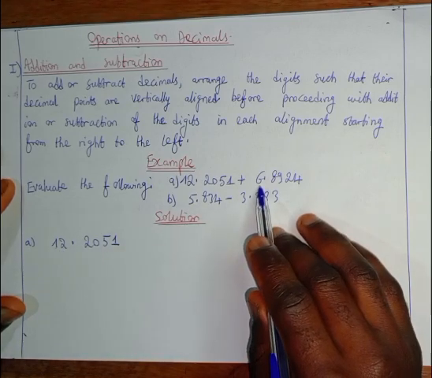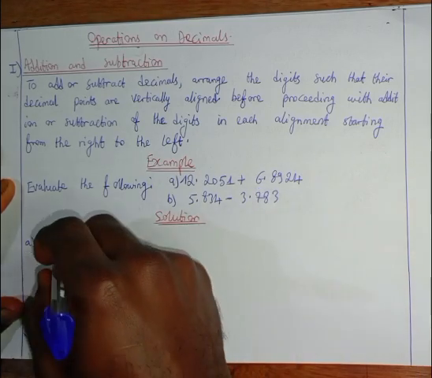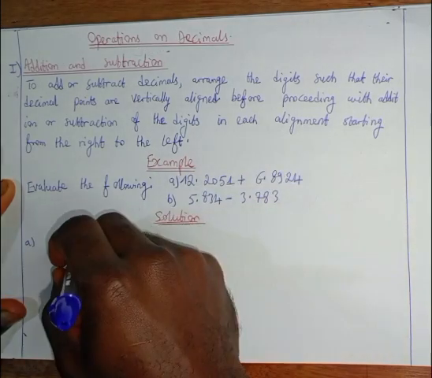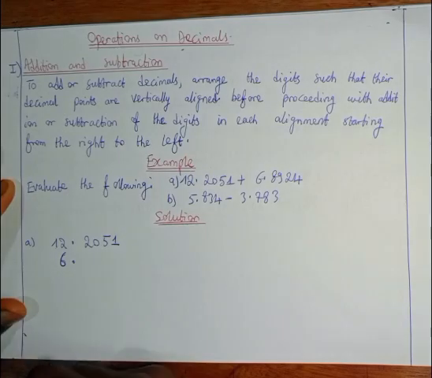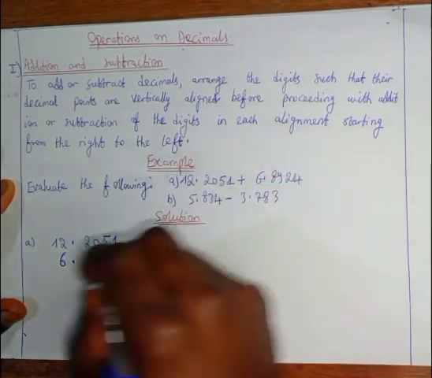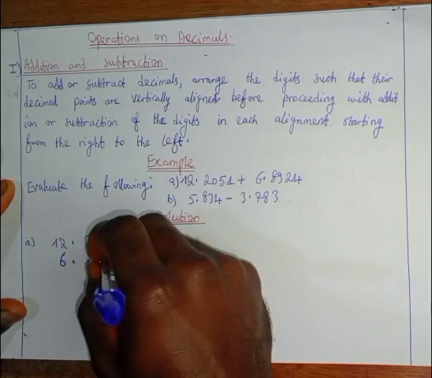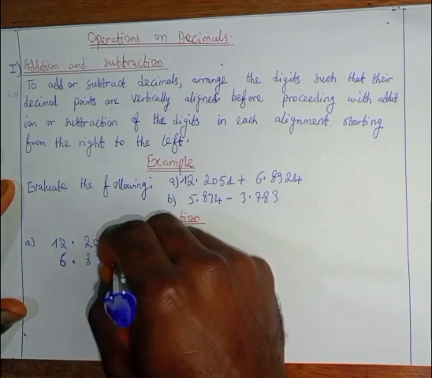For the second number, 6 has a place value of units. We are going to place 6 under 2. Then we have the decimal point here. You see that the decimal points are vertically aligned. Then we have 8 under 2, 9 under 0, 2 under 5, and lastly 4 under 1.